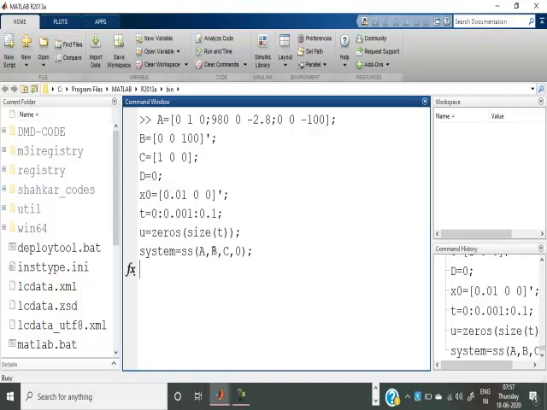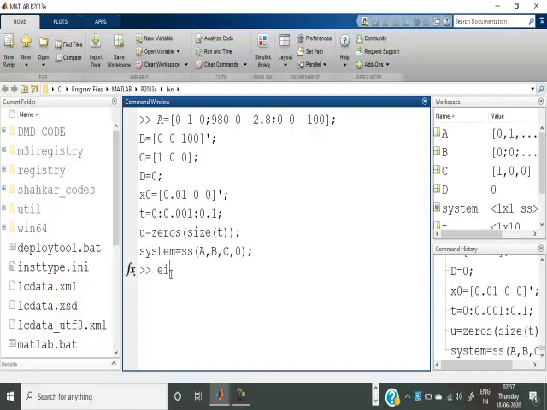This is slightly slow. Okay. So the system has been created. Its name is system. Let me look at the eigenvalues of the matrix A. This would be an unstable system.